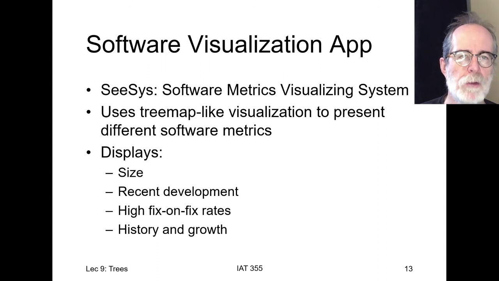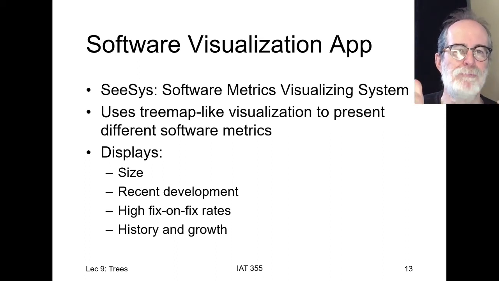What it displays is the size of the code base, recent development changes that have been made, and high fix rates. That is to say, the software repository isn't static, but is continuing to be maintained and upgraded.